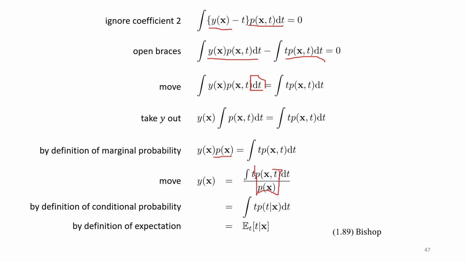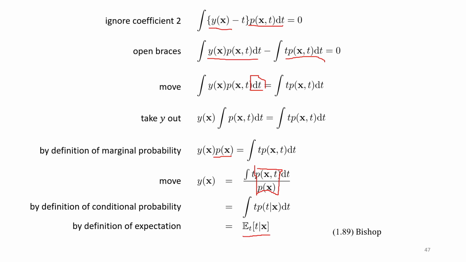What is this? This is the definition of the conditional probability. It will be like this. So this integral, by definition, is the expectation of the conditional distribution of t.